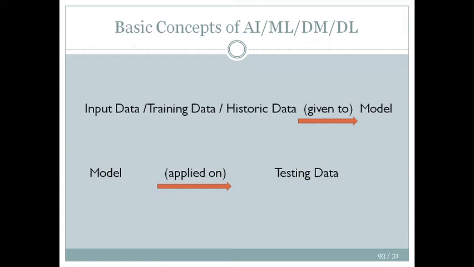Once the model says that I know how to find out the result, then we give in some testing data to find out if the model is working or not, right? To find out the accuracy of the model, what is the actual correctness, what is the error between our prediction and the true result. And depending upon that, we keep on testing our model and we keep on changing our model until we achieve a very good model which has a very good prediction rate.